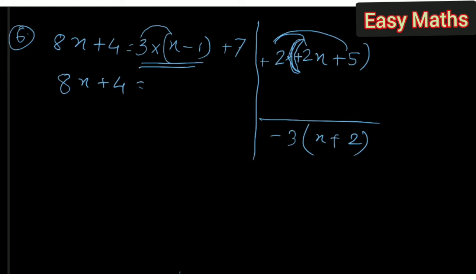Here 2 has sign plus. So I am going to write plus here. This sign I am going to write as it is. This becomes 2 into 2x. So answer is going to be 4x. Then again I will give the same sign whichever it is inside the bracket, and I will multiply this 2 and 5. 2 5s are 10.